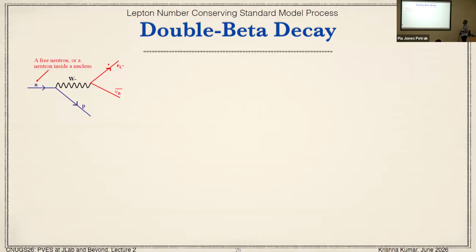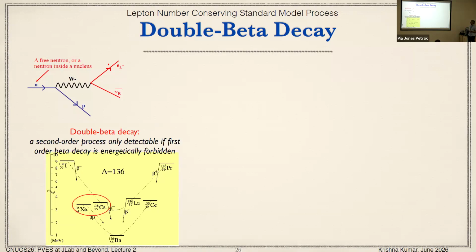So, double beta decay. First let me remind you what beta decay is. When you have just a free neutron decay, you make an electron and an antineutrino. If you do this in a nucleus, then a neutron converts to a proton in the nucleus, and you go to the next element in the periodic table.